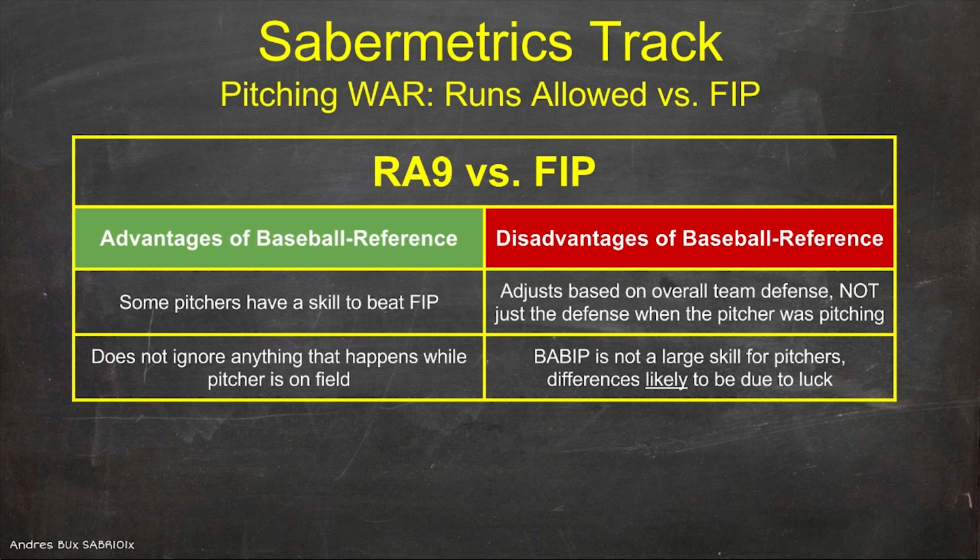So RA9 has some advantages over FIP, but the adjustments for defense may not be as good as we'd want them to be. And FIP has some advantages over RA9 in that you're getting at some fundamental skills that the pitcher is demonstrating. Not all the skill set for the pitcher, but an awful lot of the skill set. That's what the advantage of FIP is over measures of RA9 or ERA.